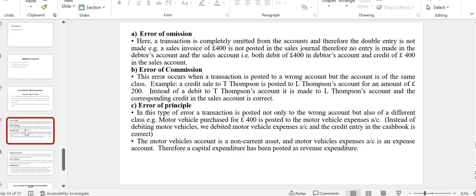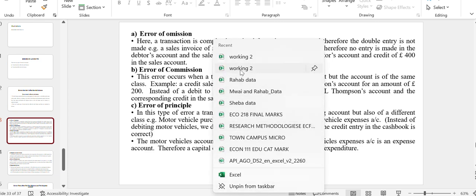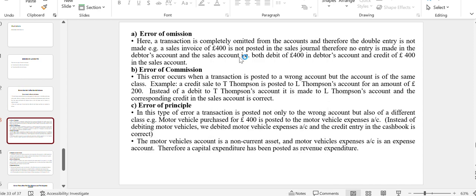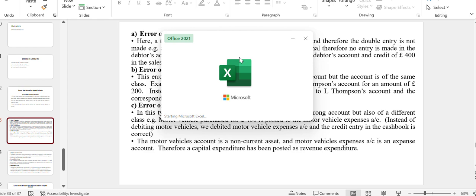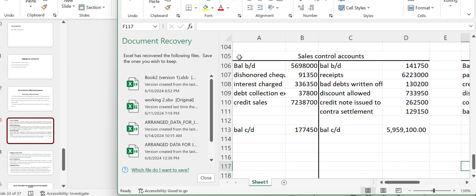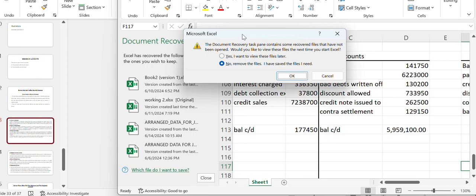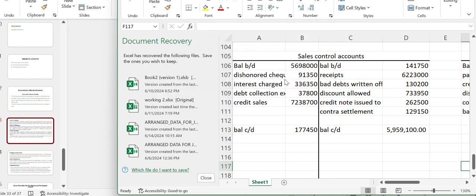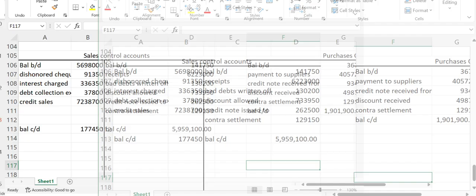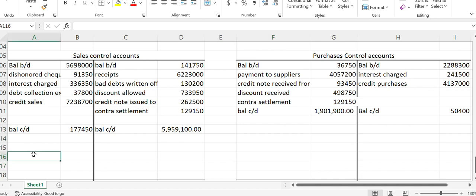Okay, let me use illustrations for purposes. I want you to get this one.